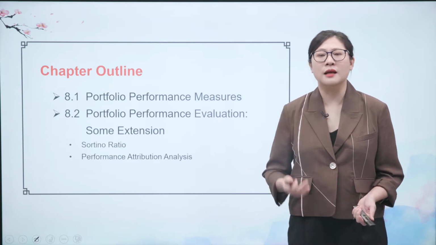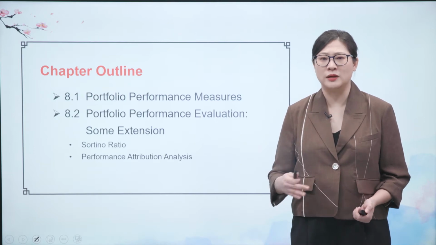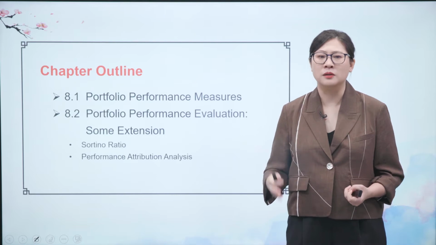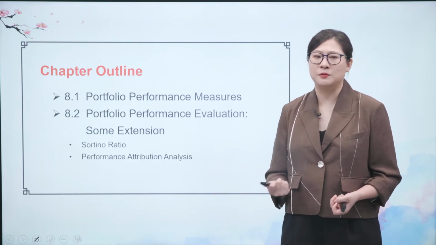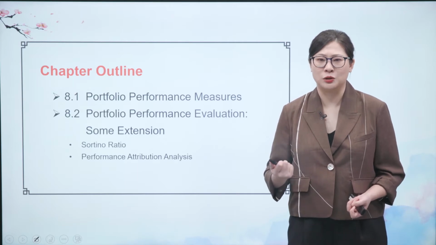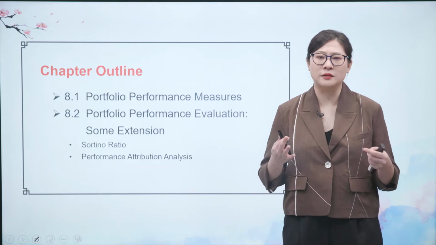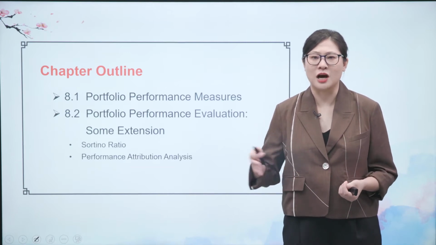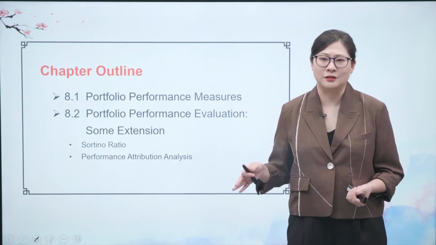ratio. And the next problem is that in the previous measures, we don't know where the return comes from. So now we need to introduce the performance attribution analysis, especially the return attribution. We want to know whether this return is from the manager's market timing skills or from the manager's stock selection skills.